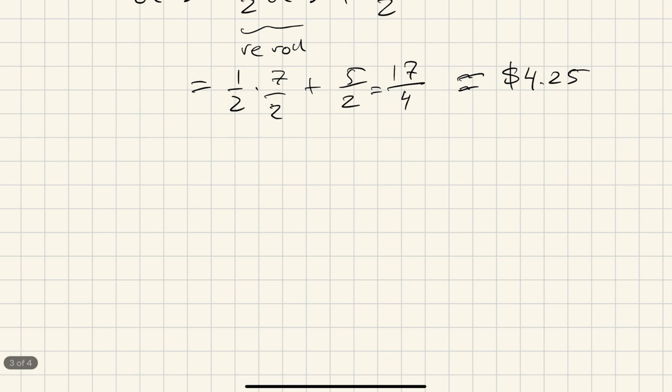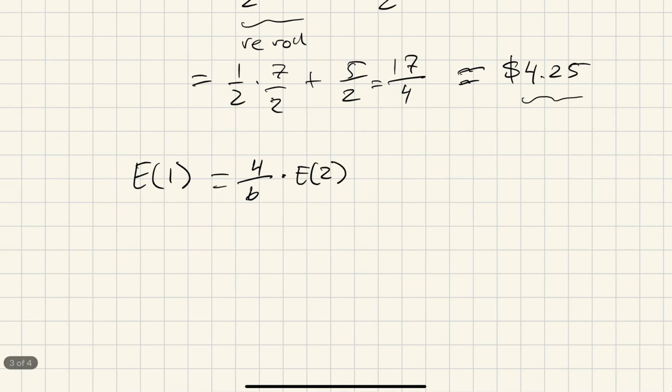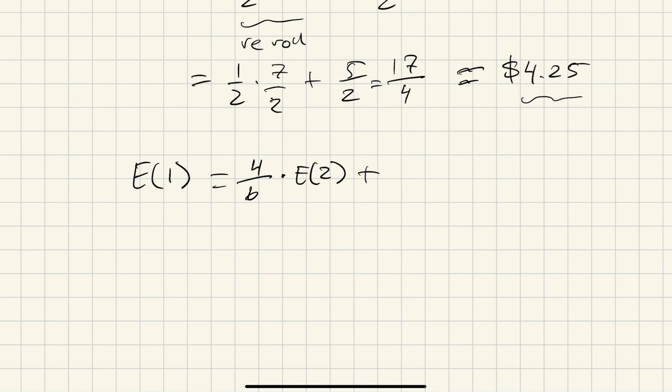So let's do a similar thing for roll 1. For the expected value of roll 1, I'm going to want to re-roll anything below $5, so anything of $4 or less. So I have a 4/6 chance of rolling a 1, 2, 3, or 4, and then I multiply that by the expected value of being on the second roll. But I can also roll a 5 or a 6, right? So I have a 2/6 chance of getting that, an average of 5 and 6, which is 5.5, or also known as 11/2.